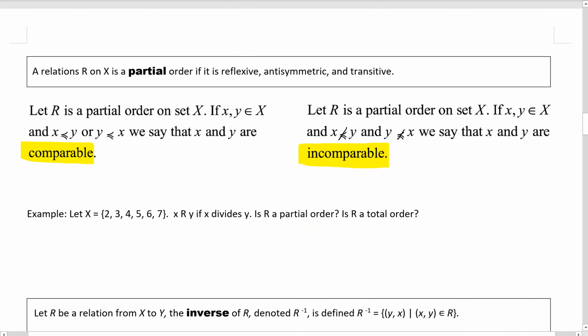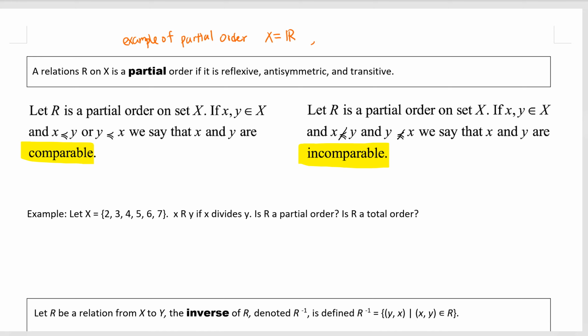So a partial order is when R is reflexive, anti-symmetric, and transitive. You might say, what does that mean? I can give you an example. An example of a partial order. Let X be the real numbers.